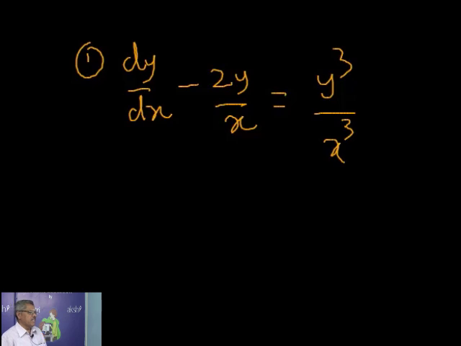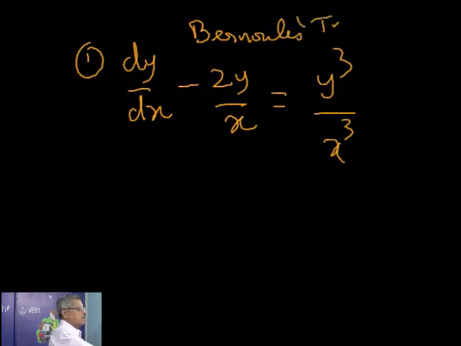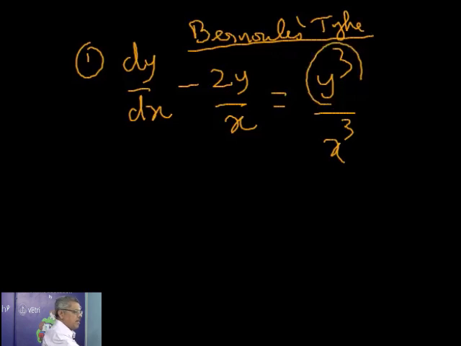Consider dy by dx minus 2y by x is equal to y power 3 by x power 3. Don't worry, this is Bernoulli's type, or Bernoulli's equation, because we are having an extra function of y.